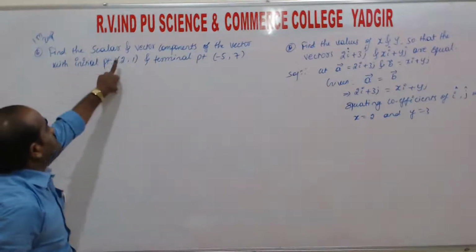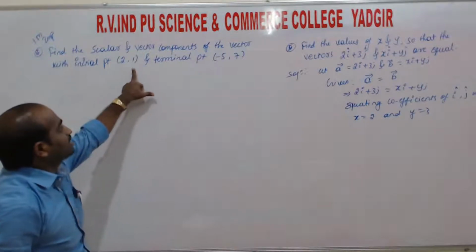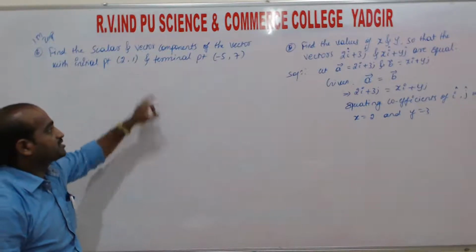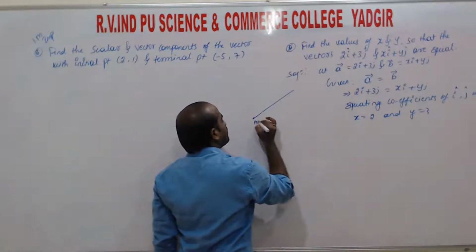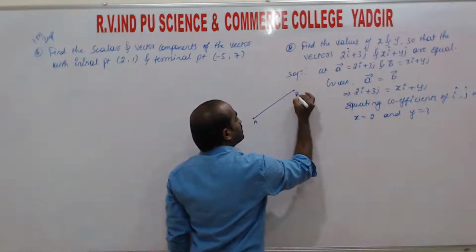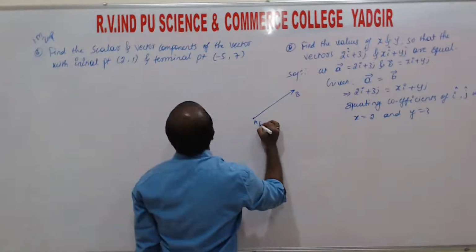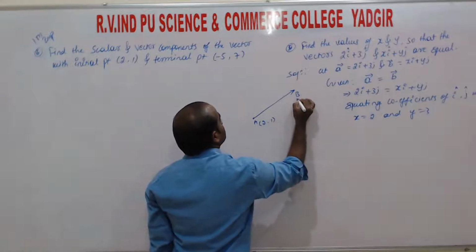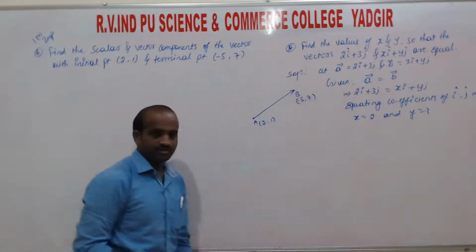Okay, find the scalar and vector components of the vector with initial point. Initial means starting point. Now A is the initial point, B is the terminal point. A point is 2, 1. B point is minus 5 comma 7.